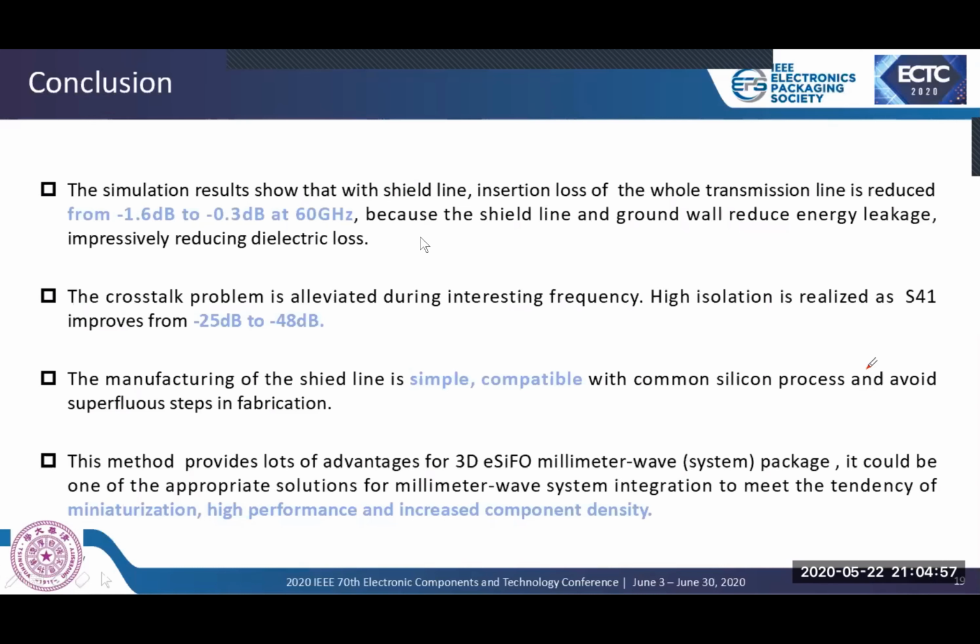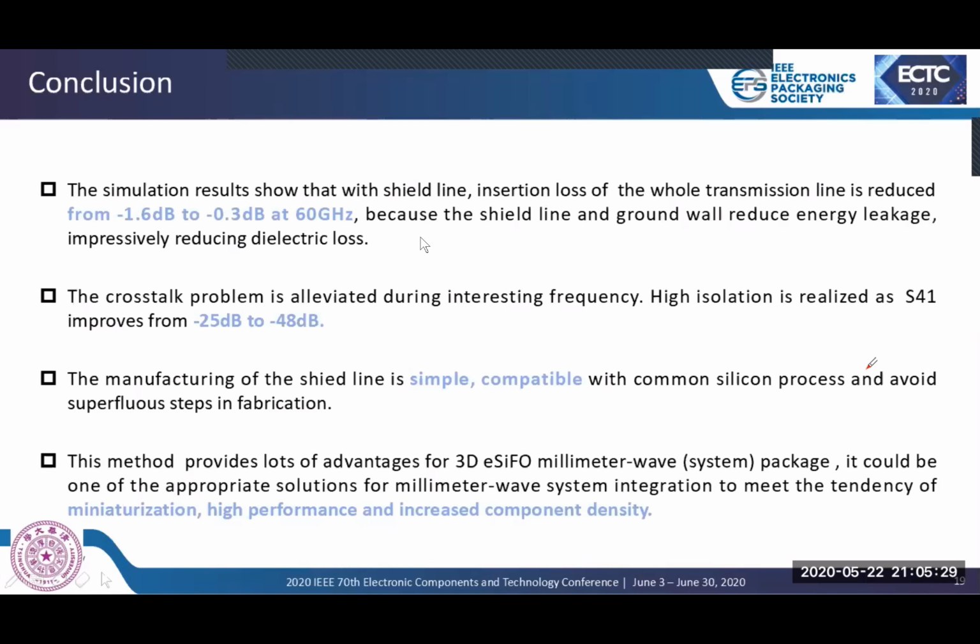Second, the crosstalk problem is alleviated over the frequency of interest. High isolation is realized as the S-parameter from port 1 to port 4 improves from minus 25 dB to minus 48 dB. Third, the manufacturing of the shield line is simple, compatible with common silicon process, and avoids superfluous steps in fabrication.